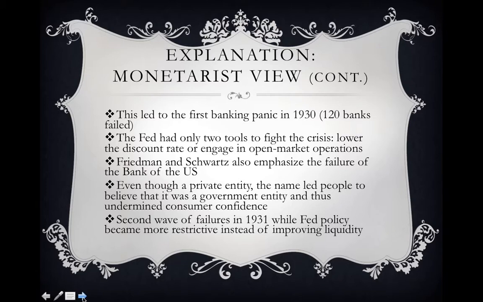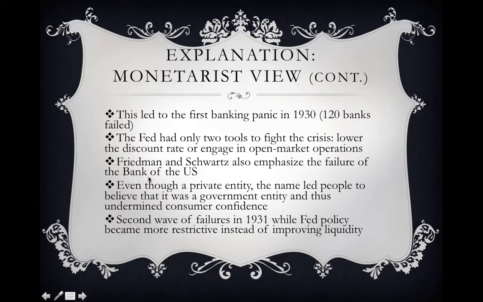All right. Also, Friedman and Schwartz emphasized a private bank called the Bank of the United States folded, went out of business. And people interpreted this as an indictment against the general credit of the United States. A lot of people thought the Bank of the United States was officially tied to the government of the United States, and then they heard the Bank of the United States shut down.